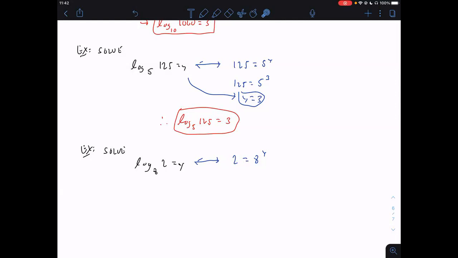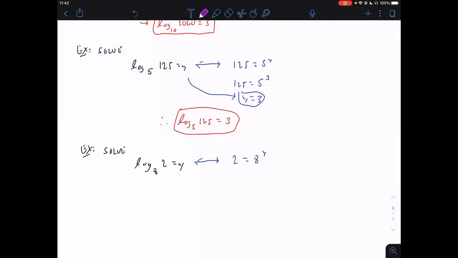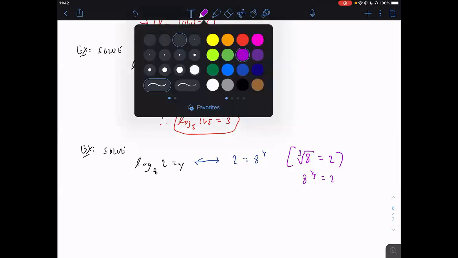If we want to get 2 from 8, then the only thing we can do here is take the cube root of 8. The cube root of 8 equals 2. Or in other words, 8 to the 1/3 is going to give us a value of 2.